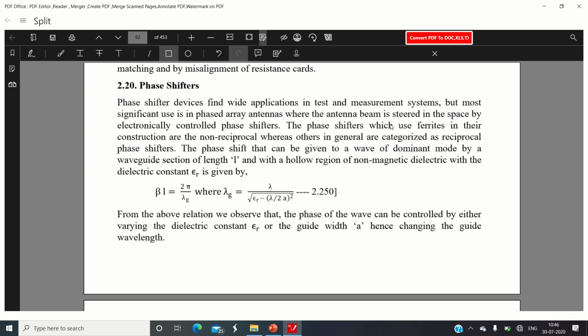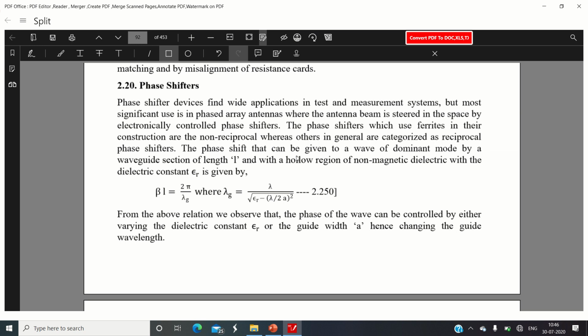Phase shifters which make use of a ferrite for their construction are basically called non-reciprocal phase shifters. So how do we implement the phase shift in the signal? If a microwave signal is given to us, how do we implement a phase shift in that signal? What is the basic concept?